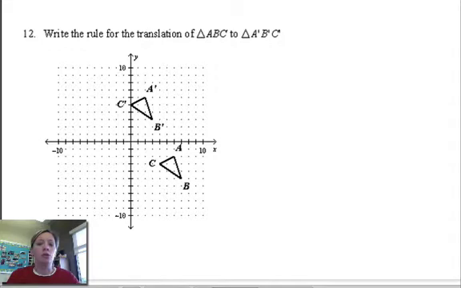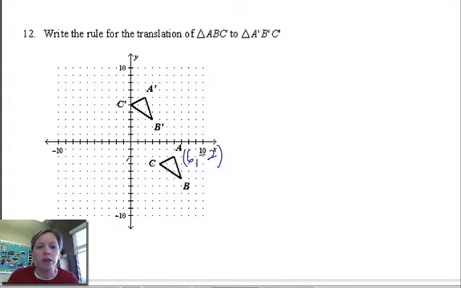Alright, number 12, write the rule that tells me how to get from ABC to A prime, B prime, C prime. Please notice, ABC is down here. You got to start with the right pre-image to get your transformation in the right area. Another thing you might want to pay attention to is the coordinates. For example, A is at 6, -2.